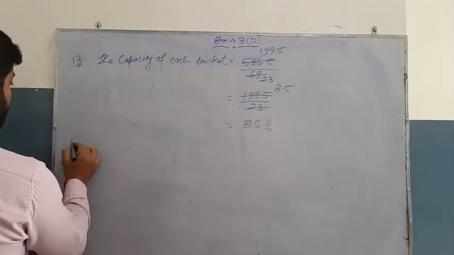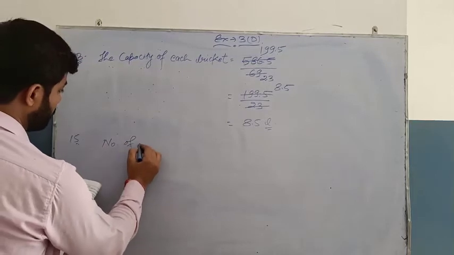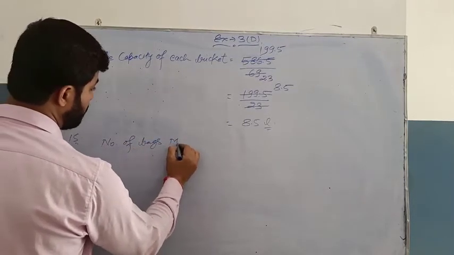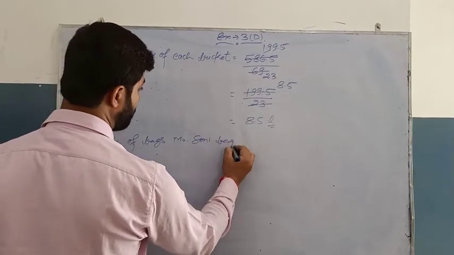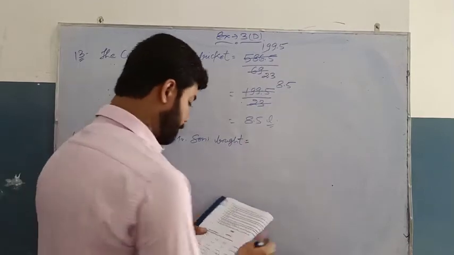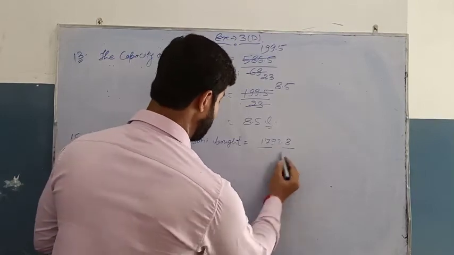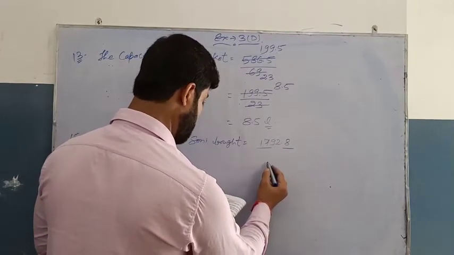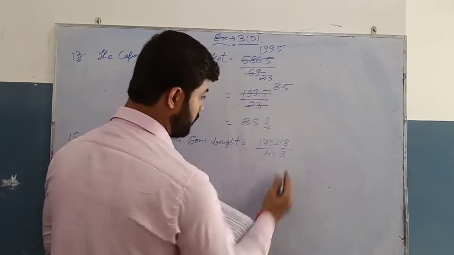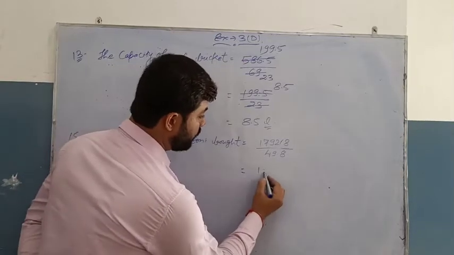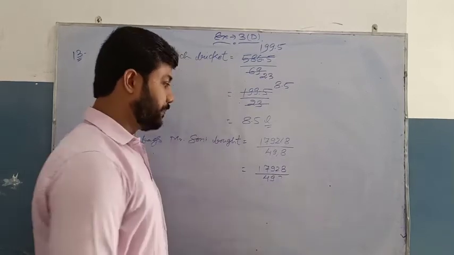So the number of bags Mr. Soni bought will be equal to 1792.8 divided by 49.8. Now we will remove this decimal and that will be 17928 by 498.